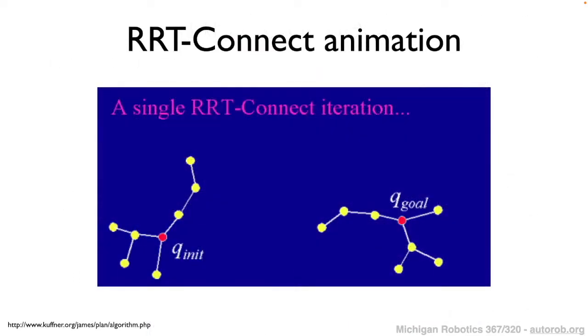So let's now look at an example animation of this RRT Connect process occurring. So once again, we have our tree T sub A on the right-hand side and our tree T sub B to start with on the left-hand side. We're going to try to extend tree T sub A. So we'll pick some random configuration and try and extend towards that.